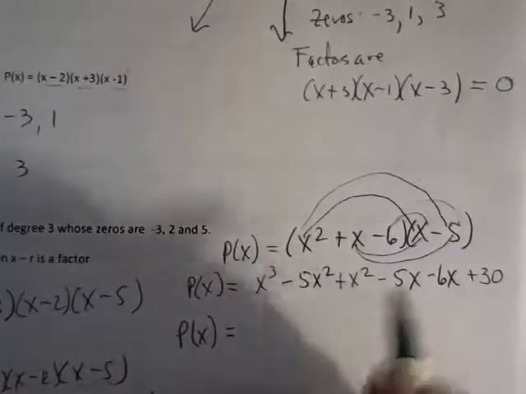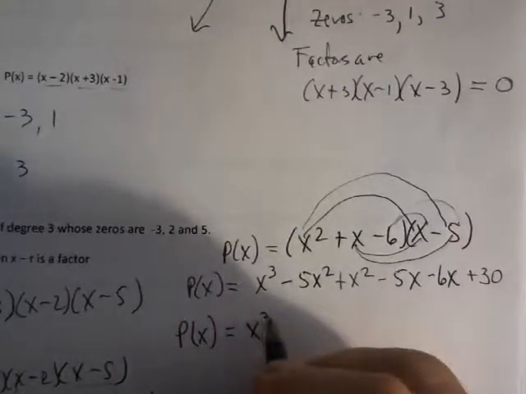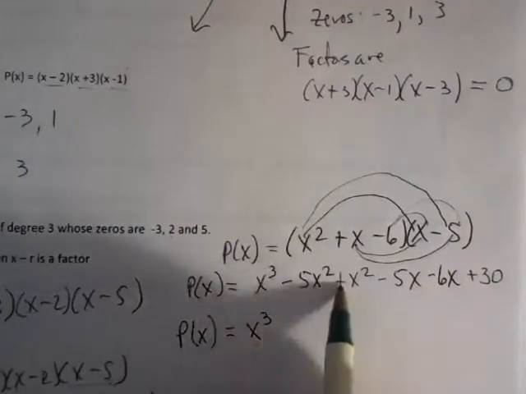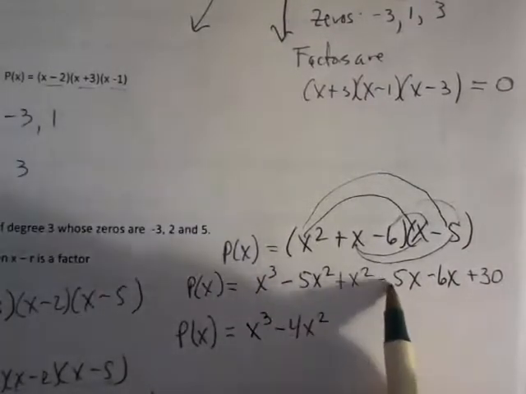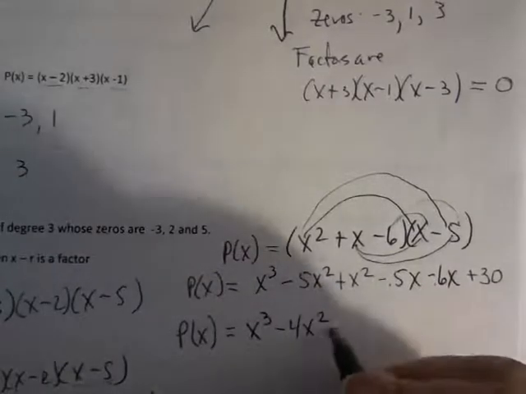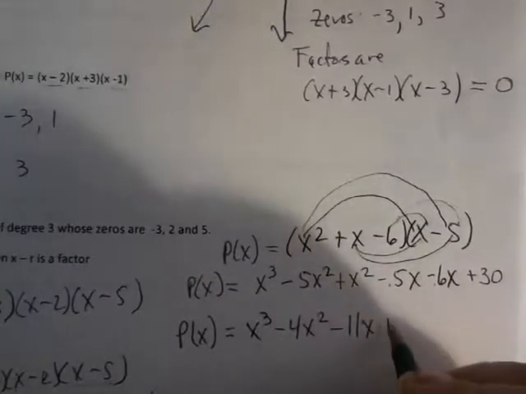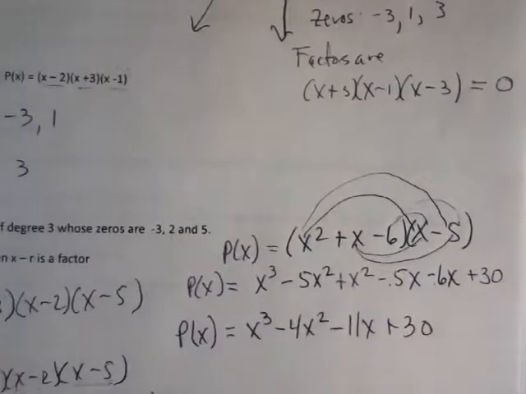So I combine my like terms. Negative 5 and positive 1 is negative 4x squared. Negative 5 plus negative 6 is negative 11x. And then I have my plus 30.